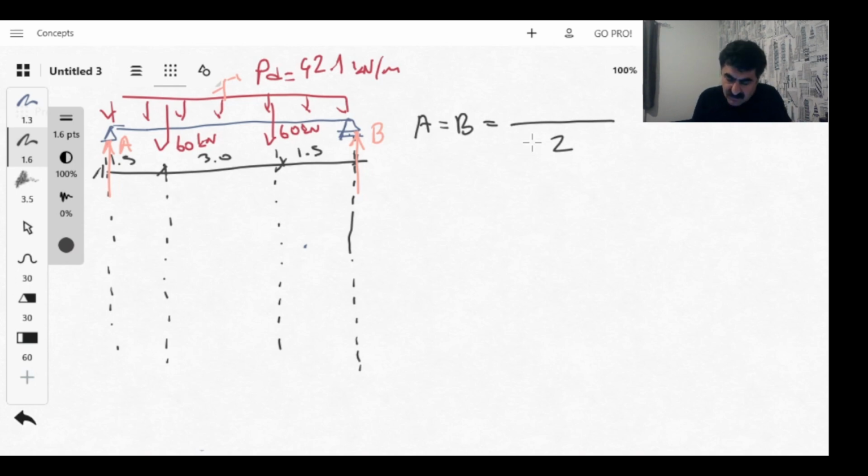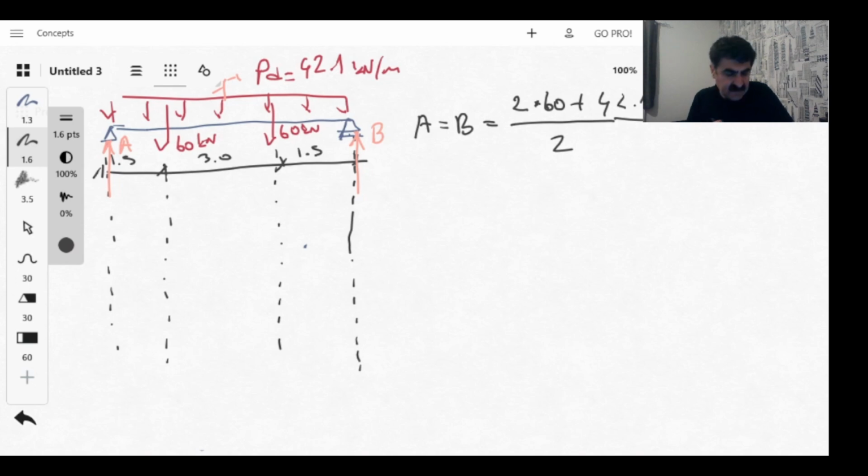What do we have as total force? We have 2 multiplied by 60 plus 42.1 kilonewton per meter multiplied by 6 meter.